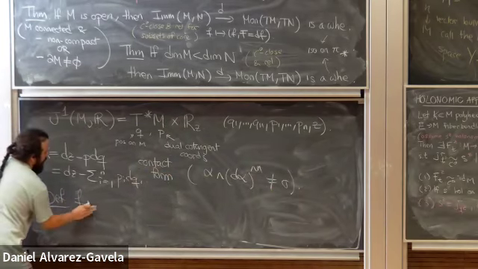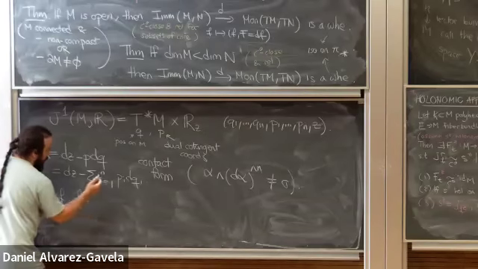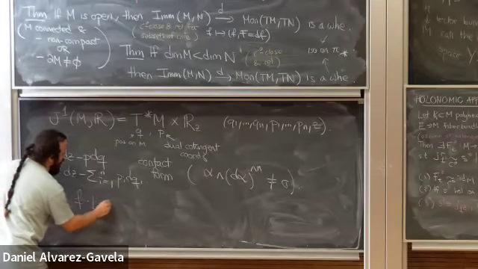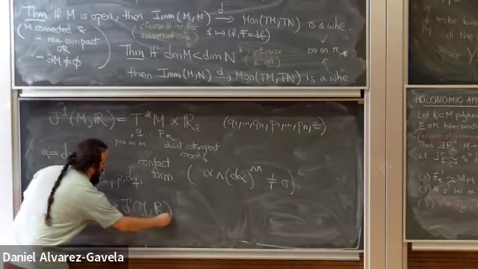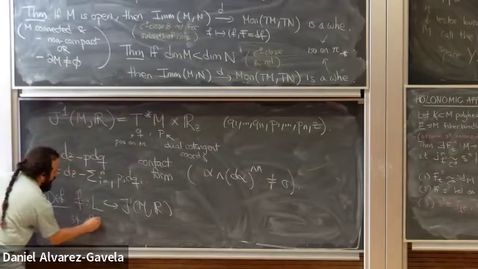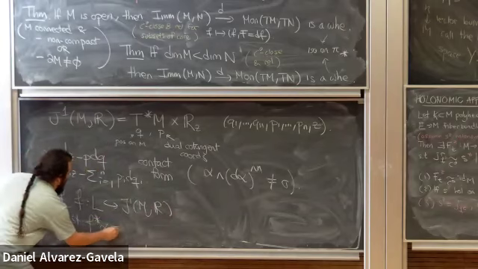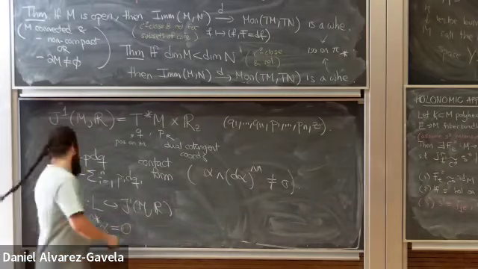Definition: if I have an embedding of a manifold L into the one jet space such that this form is pulled back to 0, we call this an isotropic embedding.